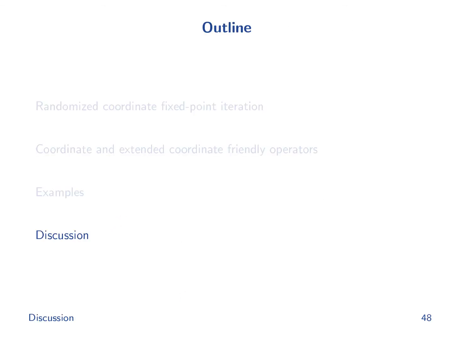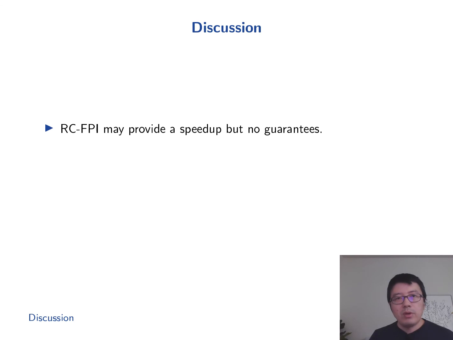Finally, let's discuss some points. Randomized coordinate FPI, or RCFPI, may provide a speedup over standard FPI when the operator is coordinate friendly or extended coordinate friendly. And you're very likely to get a speedup when the coordinatewise step sizes are larger than the step size used in FPI.